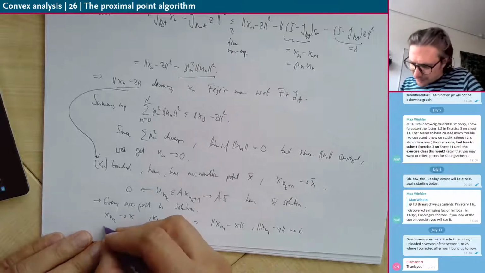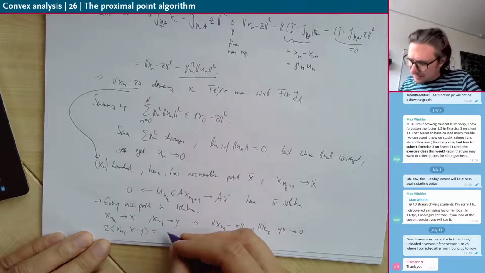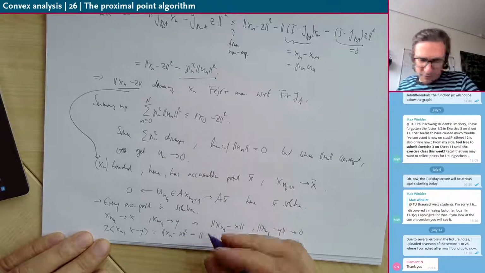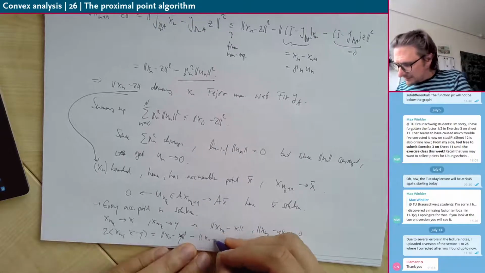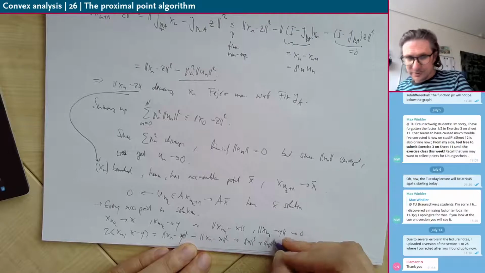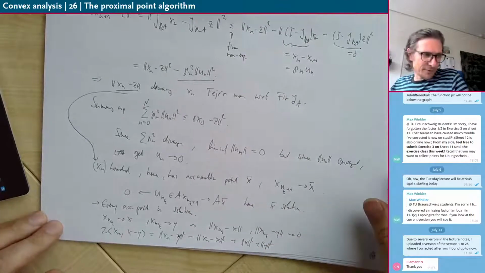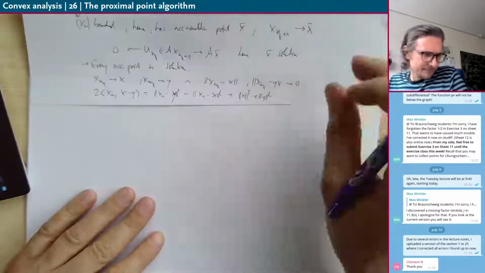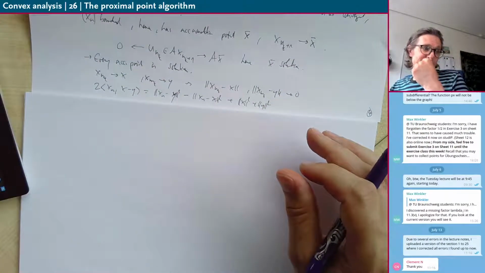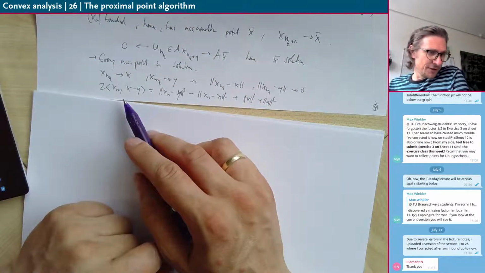And then we can write down that two times the inner product of x_n with x minus y is actually equal to the norm of x_n minus y squared minus the norm of x_n minus x squared plus the norm of x squared minus the norm of y squared. So it's just fiddling around with the norm squares. And here the right hand side does converge actually. So the right hand side converges, so the left hand side has to converge.